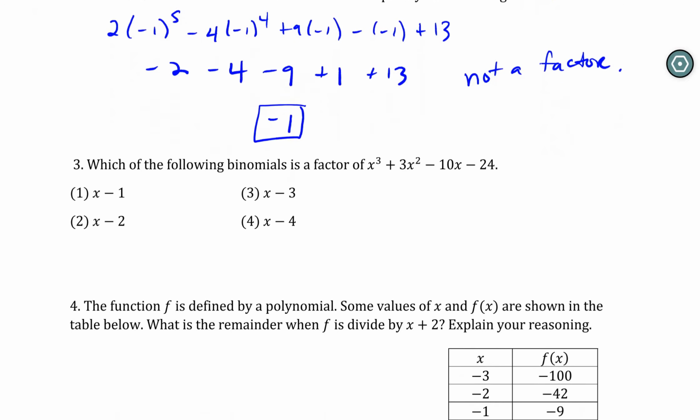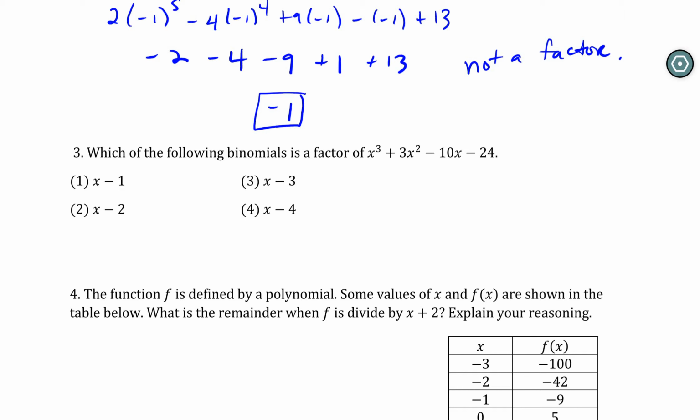All right, number 3 is another question that is a remainder theorem question. I don't really need to do long division 4 times here. That would be crazy, right? All I have to do is plug in an x value of 1, 2, 3, and 4 and see which one has a value of 0, right? So if I plug in 1, I'm going to get 1 plus 3 minus 10 minus 24. Well, that's going to wind up giving us negative 30. So that's not the answer.